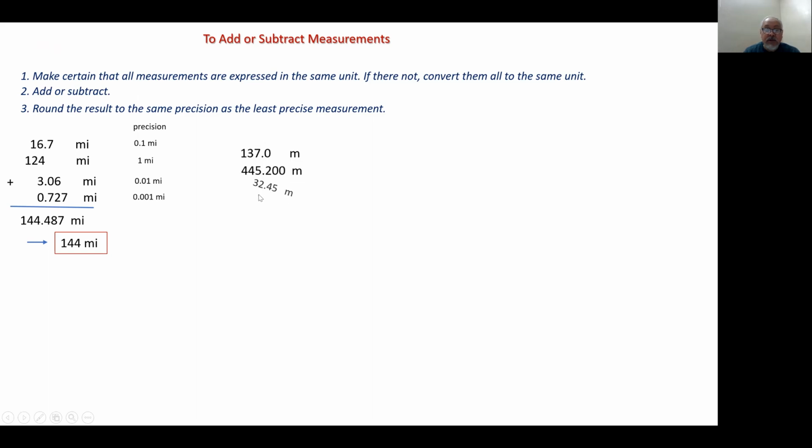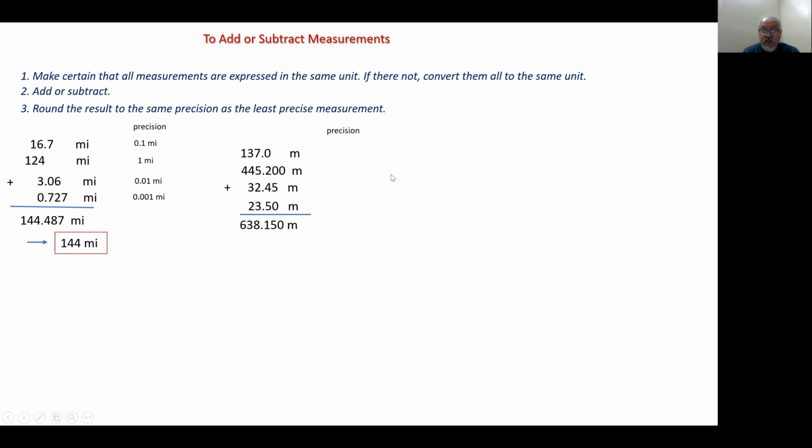We have, again, these measurements, and this is an addition. Let's find the sum. Again, this is correct, but it's not the right way to represent the answer. Again, we have to use the rule for adding and subtracting: the result must be to the same precision as the least precise measurement.